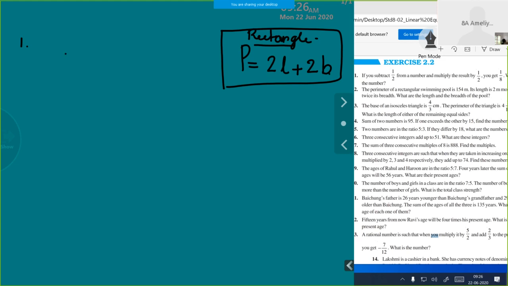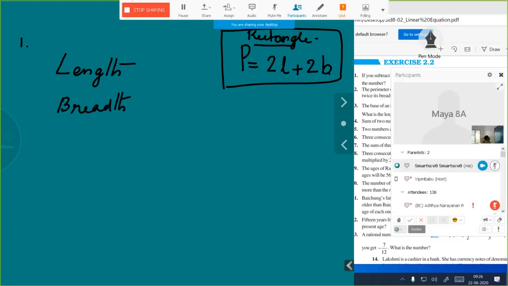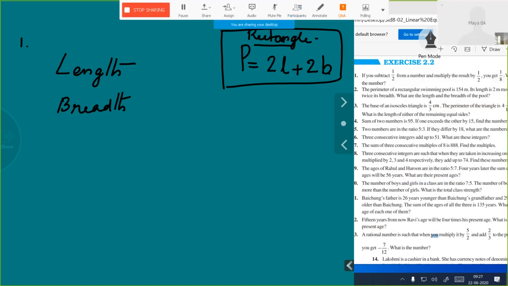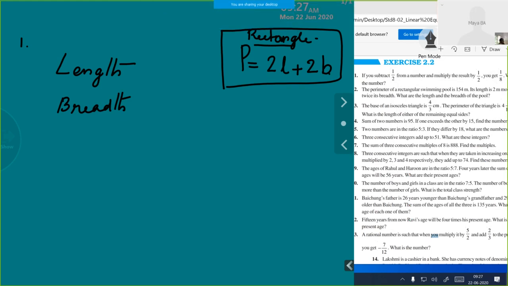So here you have 2 quantities to find out, right? Length and breadth. But it is given that length is 2 more than twice its breadth. So length is depending on the breadth, isn't it?